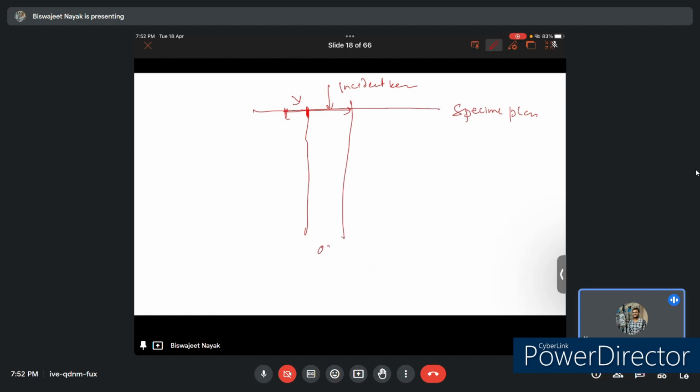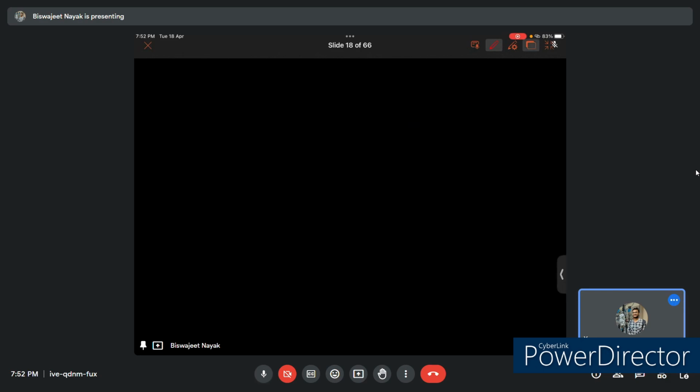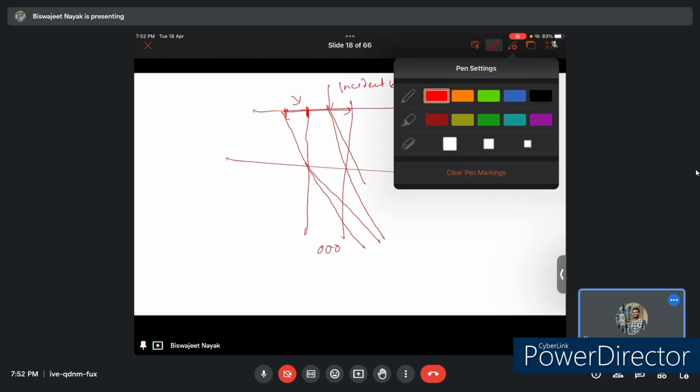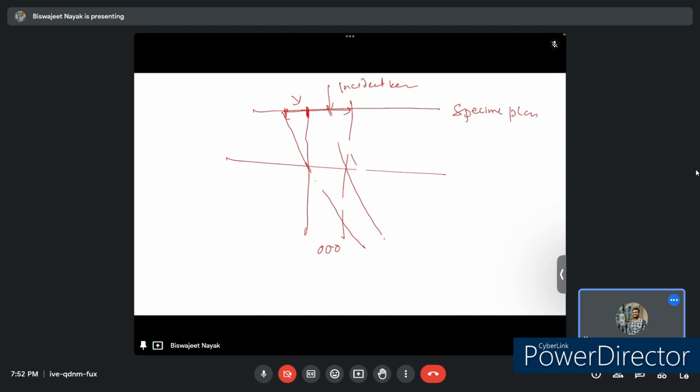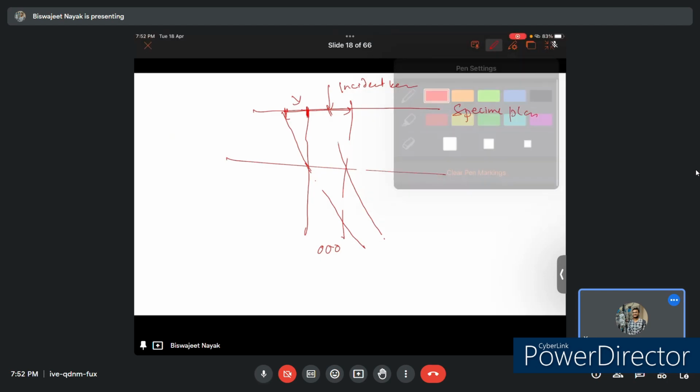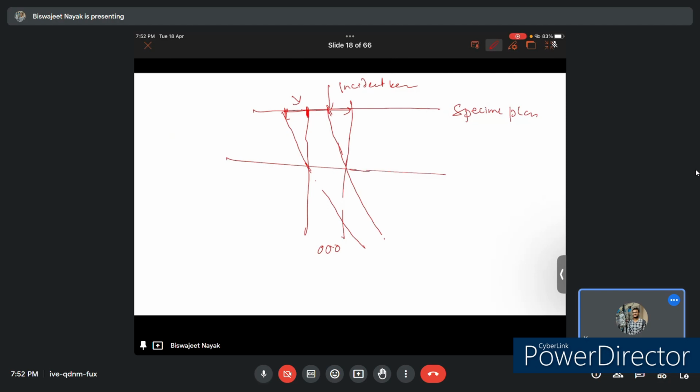Let's say this is the 0, 0, 0 plane, and this is any HKL plane.